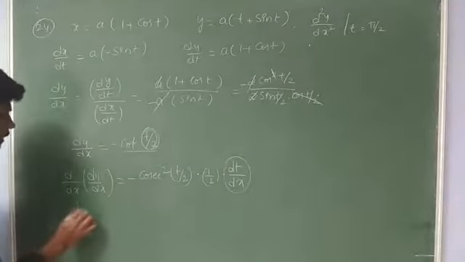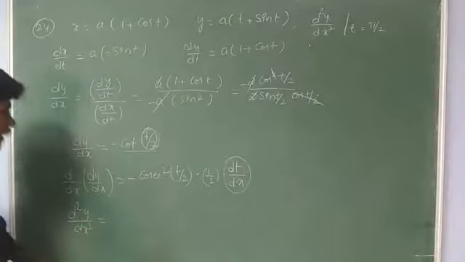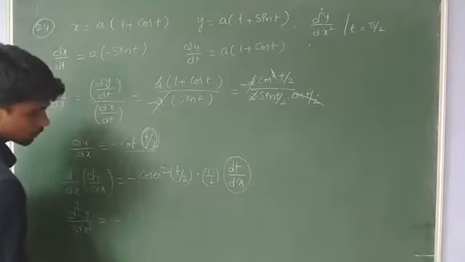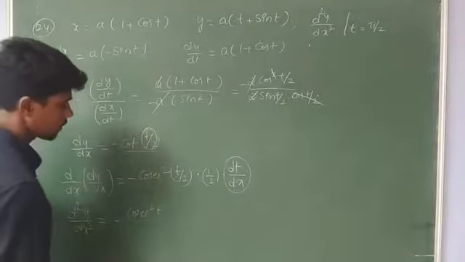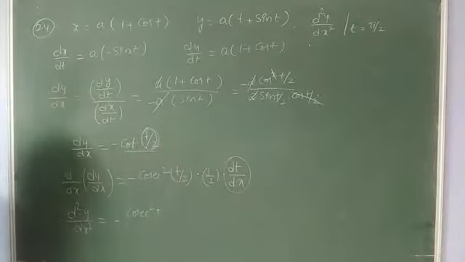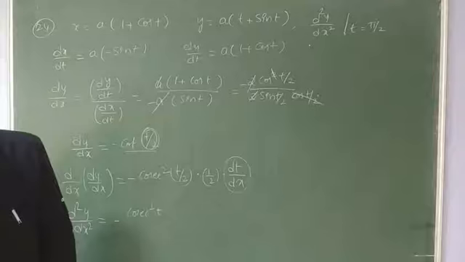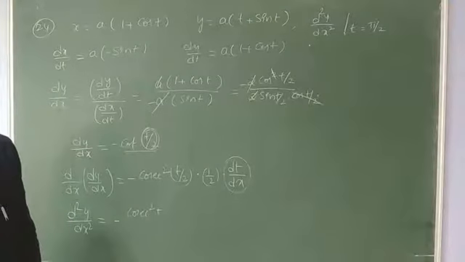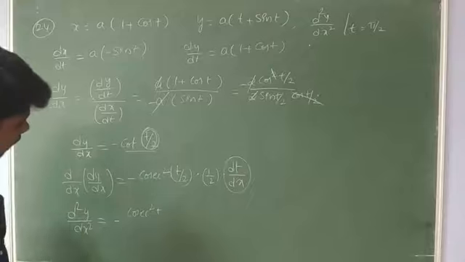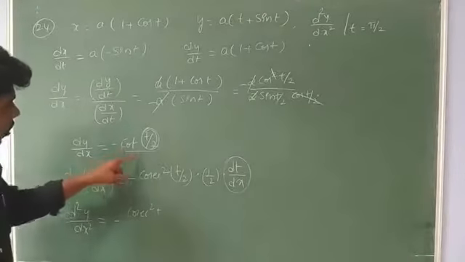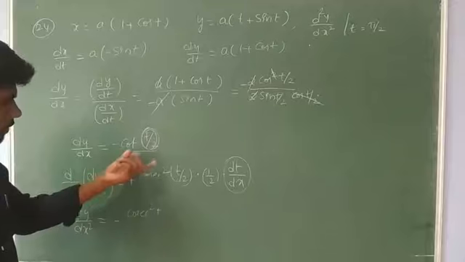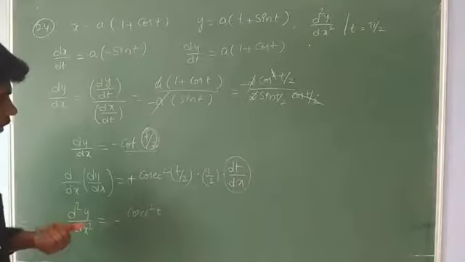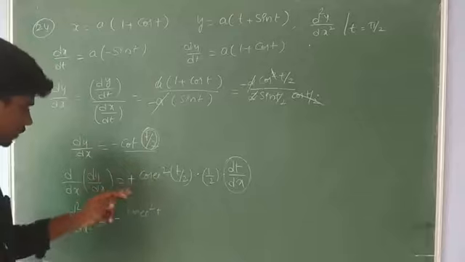So we get d2y by dx square equal to minus, derivative of cot t by 2 being minus cosecant square t by 2, so minus into minus gives plus.